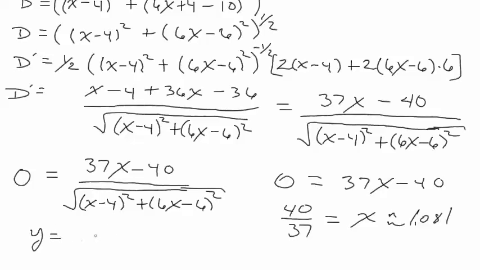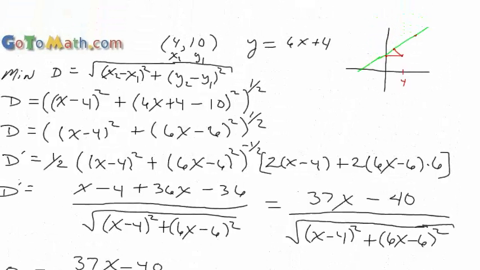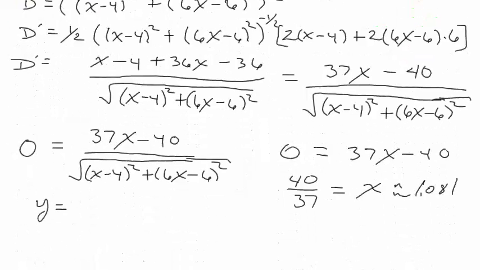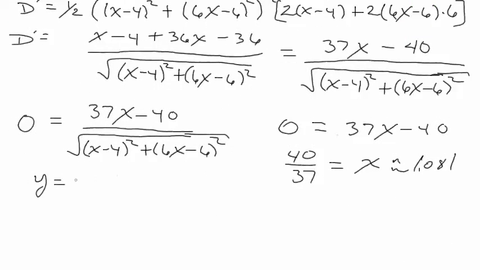I think it was asking for both numbers, wasn't it? And then y was, man, that is really sloppy, but I'm trying to write neat. Y was 6x plus 4. Okay. 6x plus 4. So 6 times 40 over 37. Of course, we're going to say this is approximately, times that by 6.